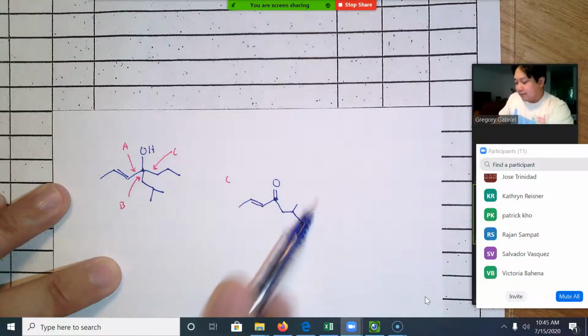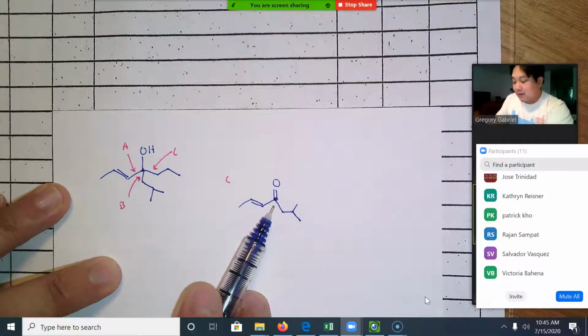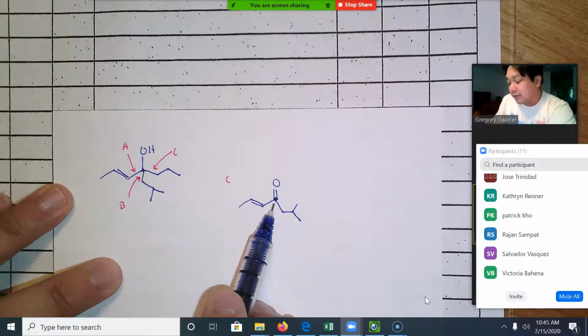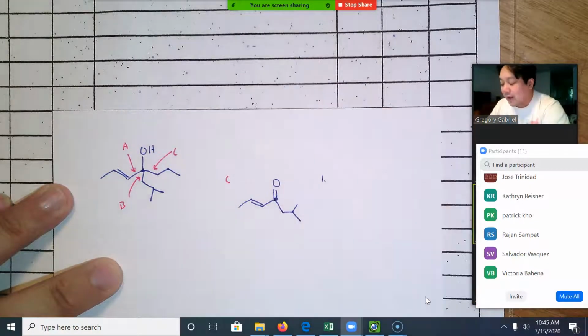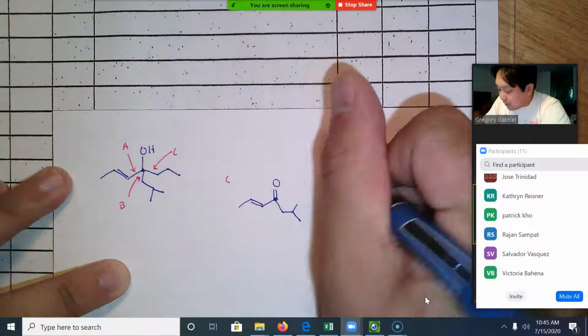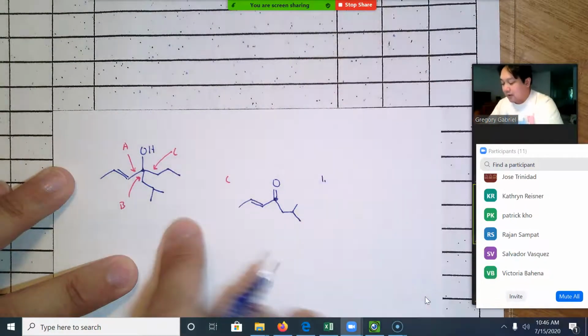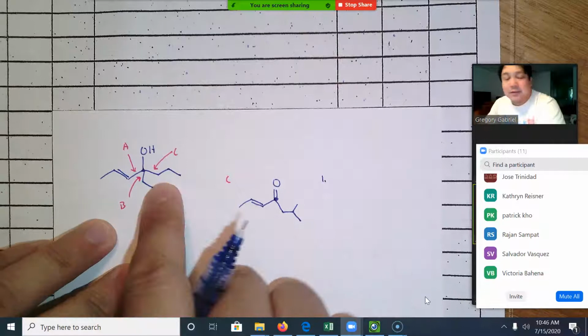The attack is coming in from the right. You know that if you attack this carbonyl group with a nucleophile, this becomes an OH. Don't forget that you do have to have a protonation. So you are going to have 1 and 2. Now, this is interesting.